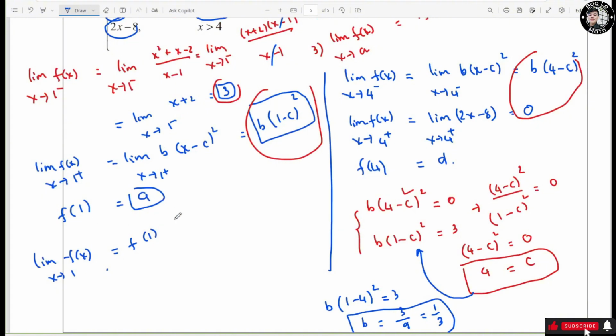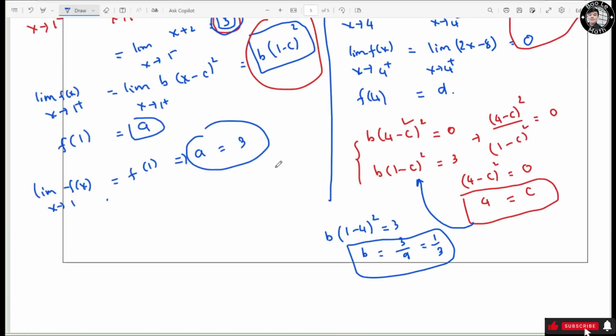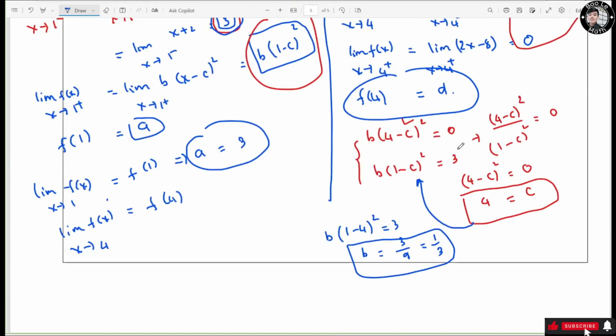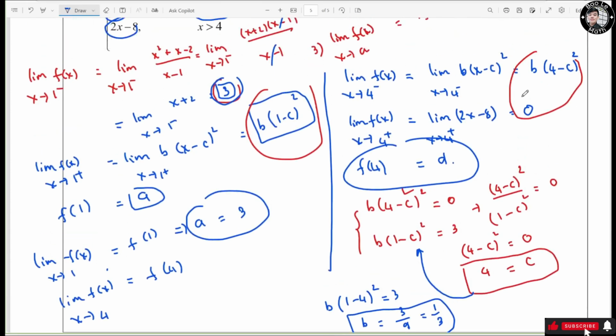Now f of 1 equals a, and the limit of the function f when s approaches 1 equals 3 right here, so then a equals 3. Alright, so you have a, b, c. Now you need to find the same thing. You have the limit of the function f of s when s approaches 4 equals f of 4. F of 4 equals d right here, and the limit right here equals 0. You see that? 0. So you have d equals 0.